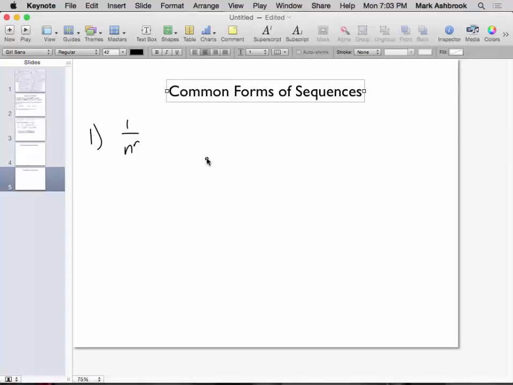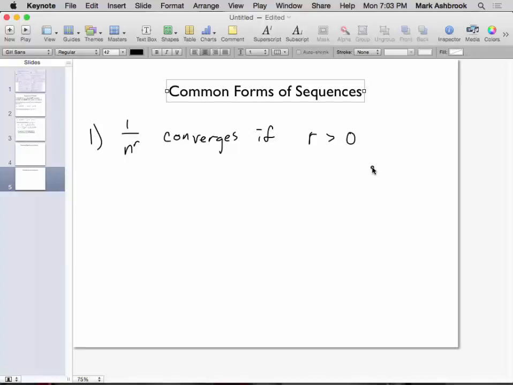One over n to the r converges if r is greater than 0. n is our counter.